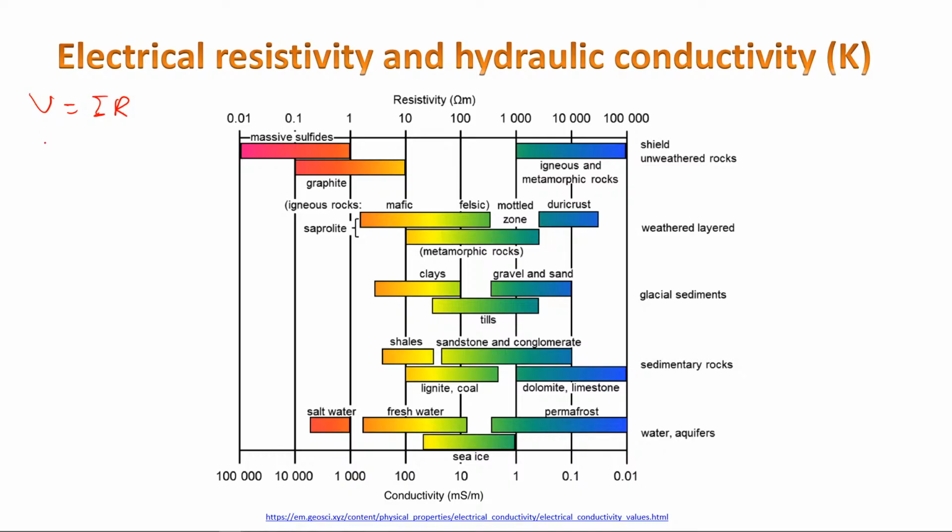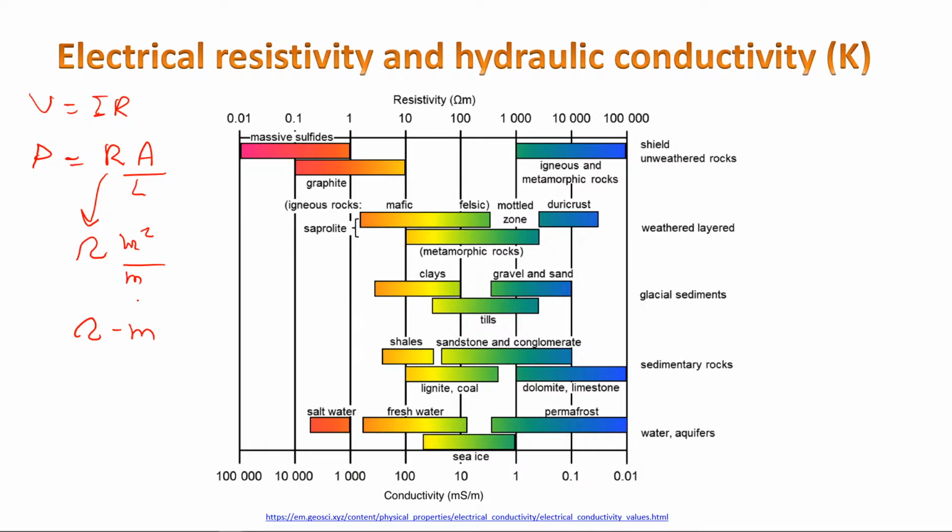and resistivity is generally resistance times area over length. Let me show you. Resistance has the unit of ohm, area, let's say L squared, and this is L, so let's just write it in meters, meter squared over meter, so you get ohm meter.